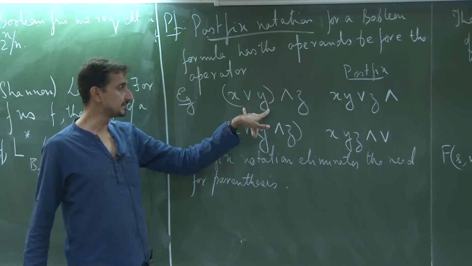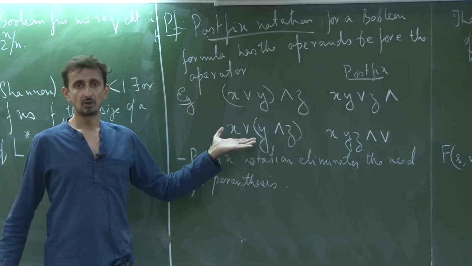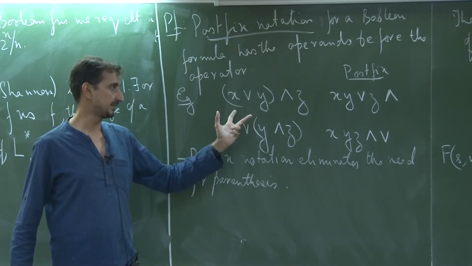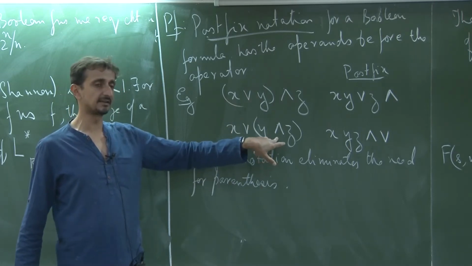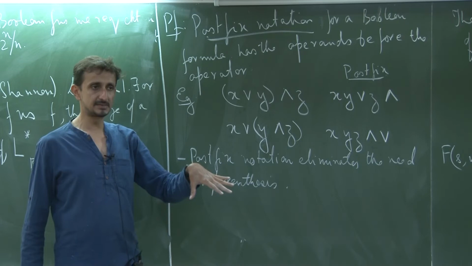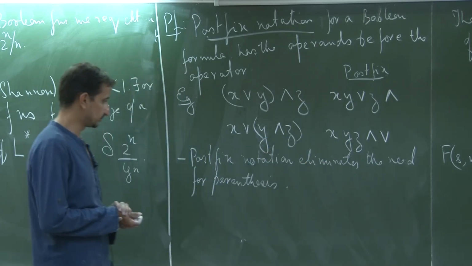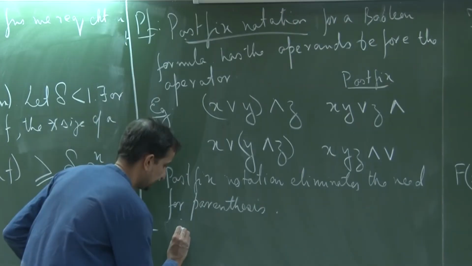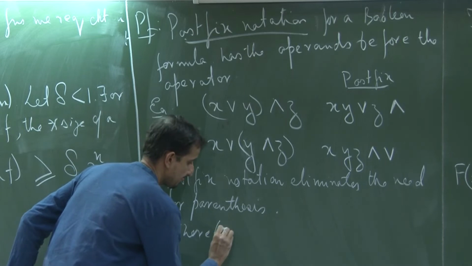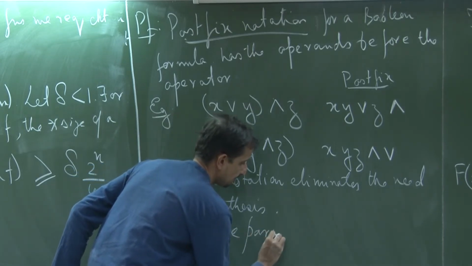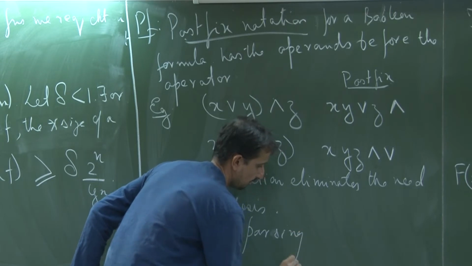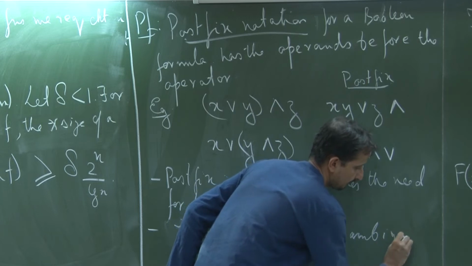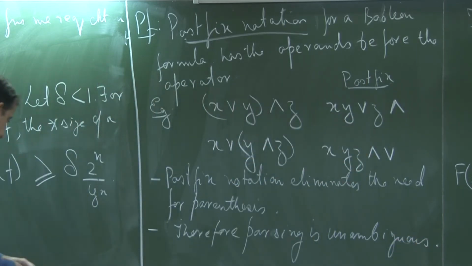Here, if we do not specify the parentheses, it could mean either of two precedences, unless you have a specified order of precedence, but here you do not need to specify that. Therefore, parsing is unambiguous.